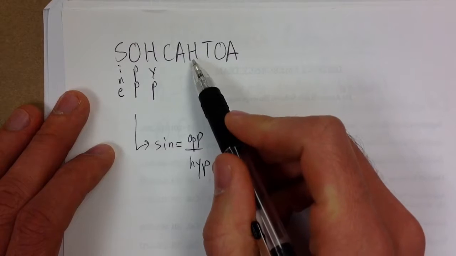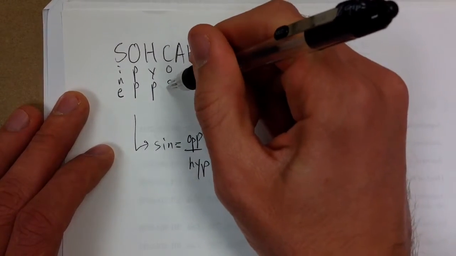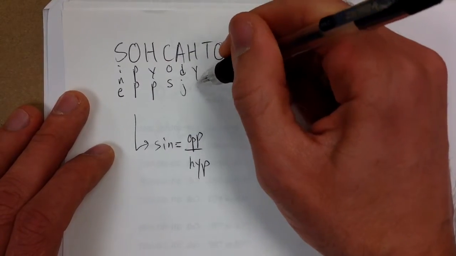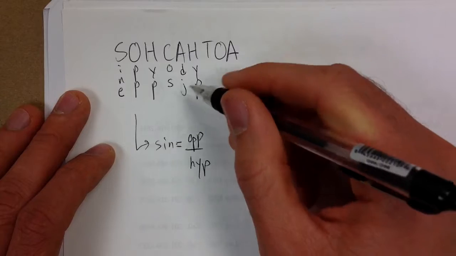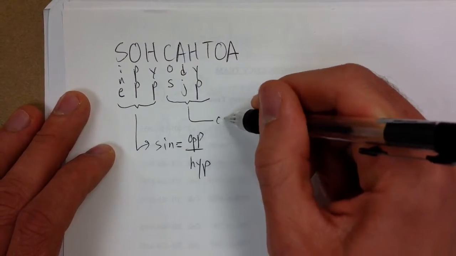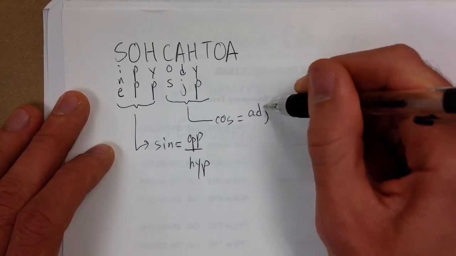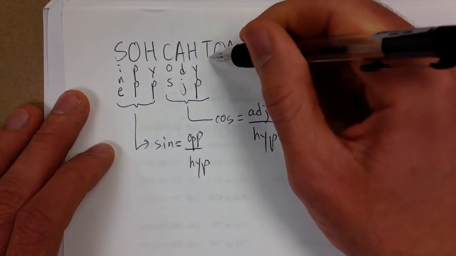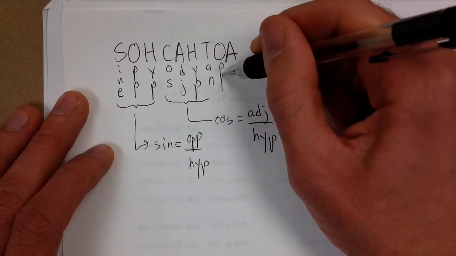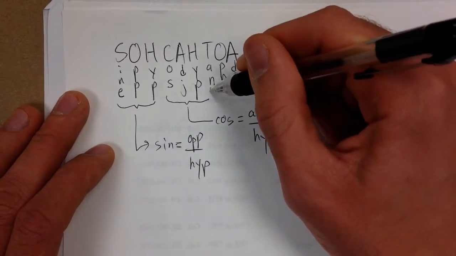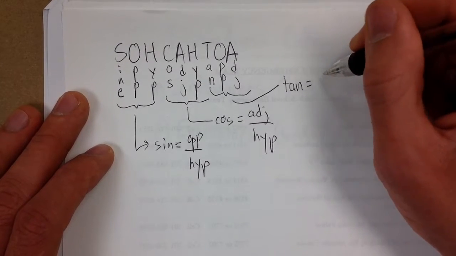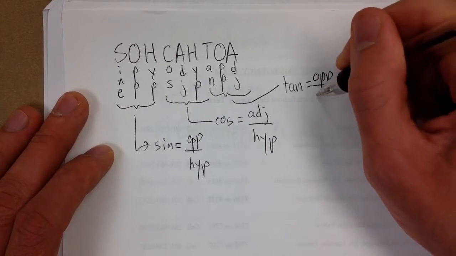And then cosine is the ratio of the adjacent side to the hypotenuse. And lastly, TOA, the T is tangent, O is still opposite, A is still adjacent. So tangent is opposite over adjacent.